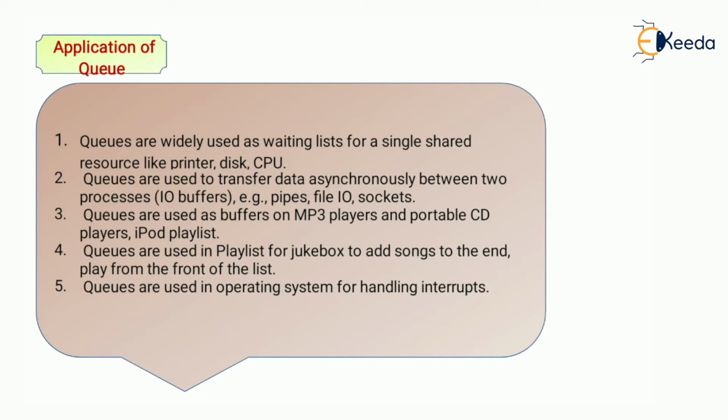The first application: queues are widely used as a waiting list for a single shared resource like a printer, disk, and central processing unit. Suppose we take the example of a printer. Nowadays we are using advanced printers, and we are not giving just a single page to print.